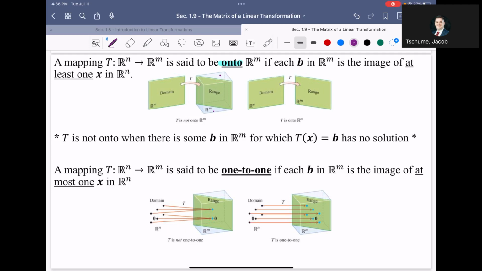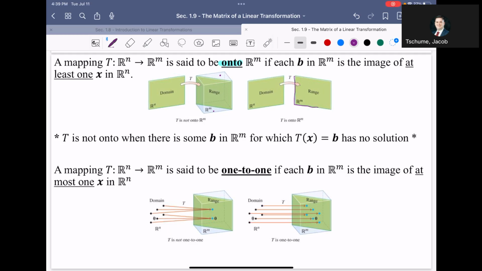Remember, everything in the domain maps into the range. Since there are elements in the codomain that are not part of the range, that would be an example of not onto. Versus in my second example, there's nothing extra and it's easily seen that everything in the domain maps into the range, so that would be an example of onto.